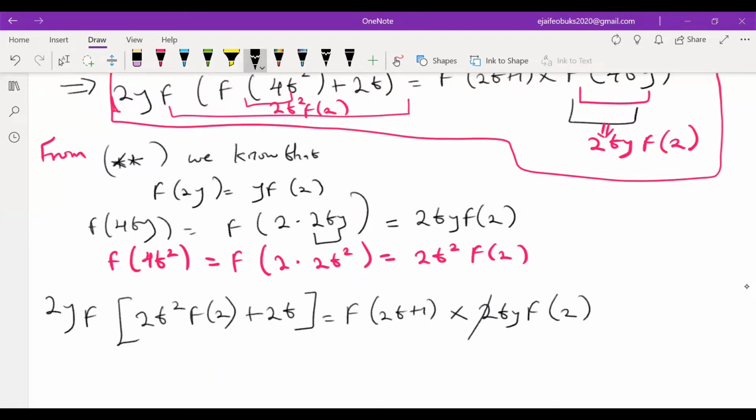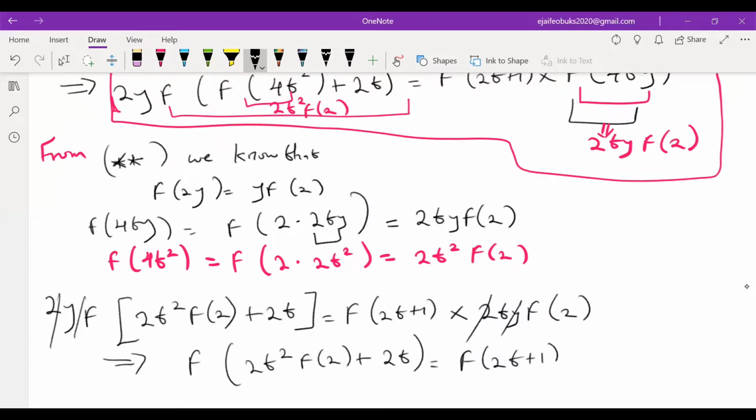Then I can cancel 2 out, y out. So I will have remaining f of 2t squared f of 2 plus 2t is f of 2t plus 1 times t f of 2.